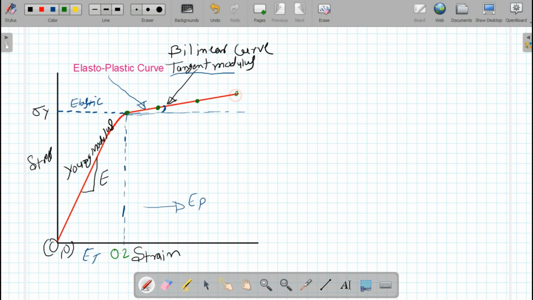So if you go down, let's say it is 0.4 here, let's say 0.6, 0.8. So what happens here, as you keep on increasing the stress, the stress is also increasing, right?